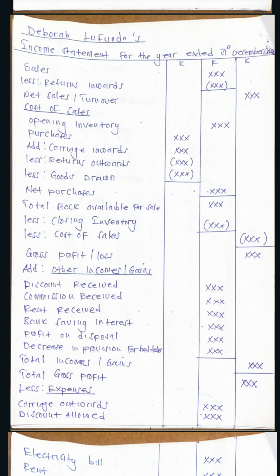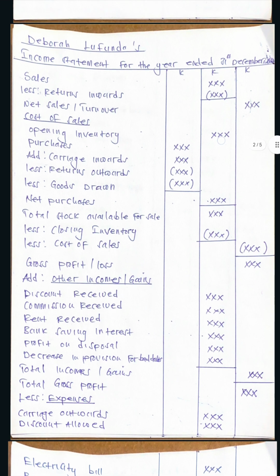We always start with a title. In financial accounting, it's very important to put the title of what you're writing. You first write the name of the person you've been given. In this case, I picked the name Deborah Lufundazi, income statement for the year ended 31st December 2024. The income statement is always for the year ended.